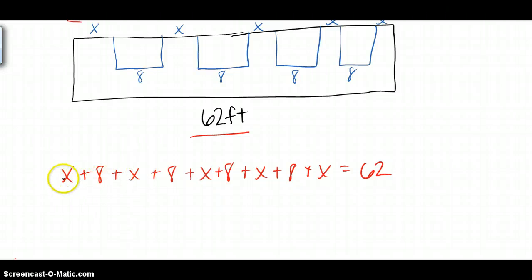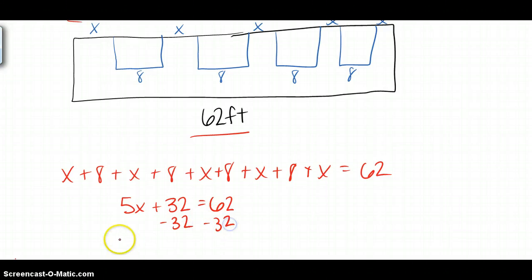So now if you add your like terms, we have x plus x plus x plus x plus x. We have 5 x's. And then we have 1, 2, 3, 4 8s. So if you add all those 8s together, 8 times 4, you have 32. And then just solve for x.